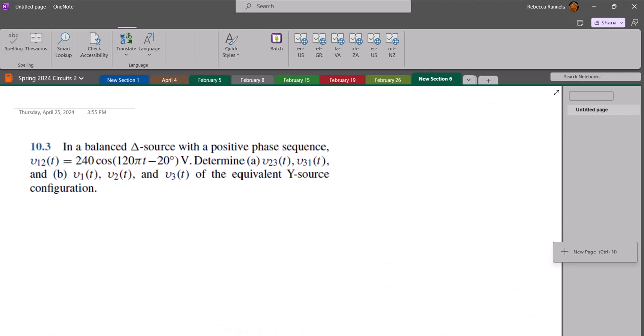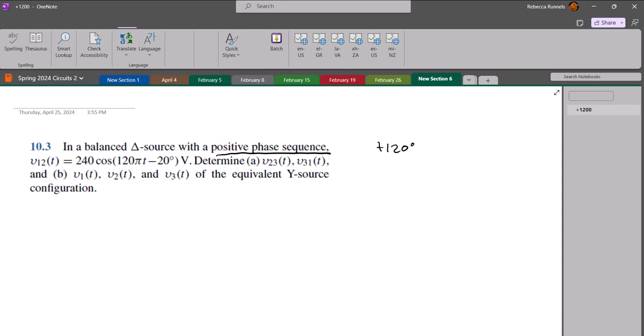The first part is easy because, since it is a positive phase sequence, we know that the phase shift in voltages is plus 120 degrees.